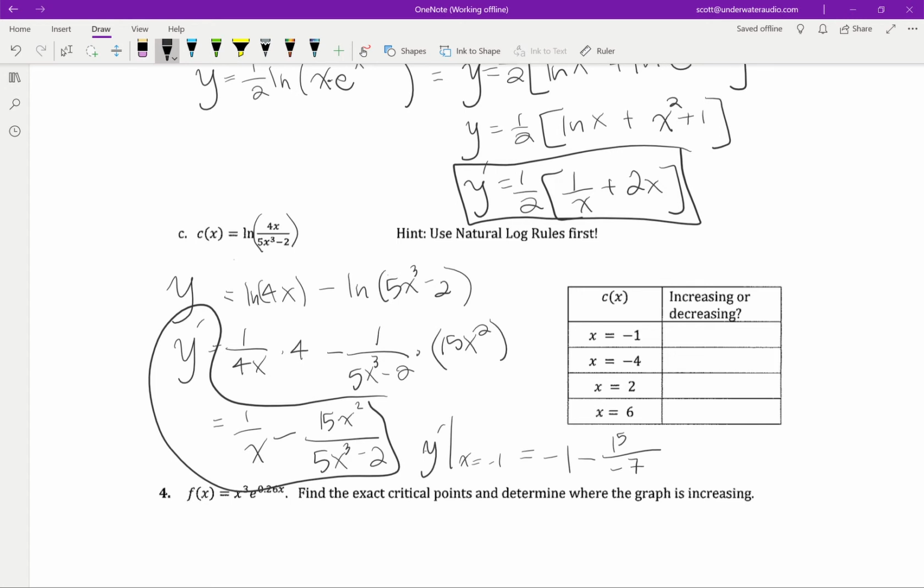So I get negative minus a negative, so that's -1 plus 15 over 7, which I'm pretty sure is something positive, but just to be safe, let's use a calculator.